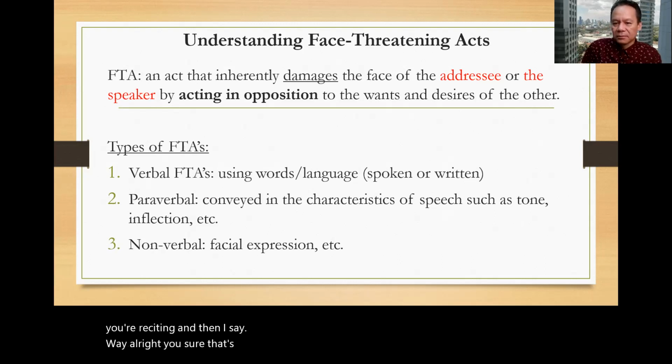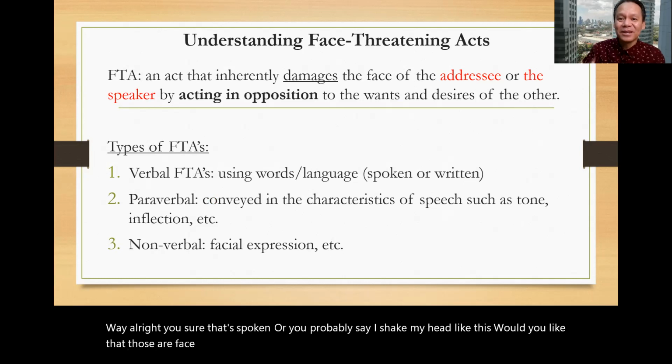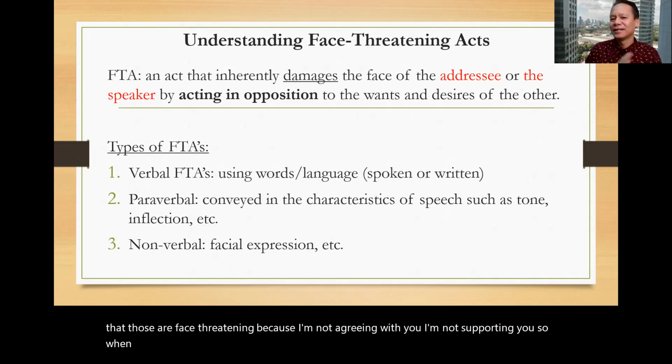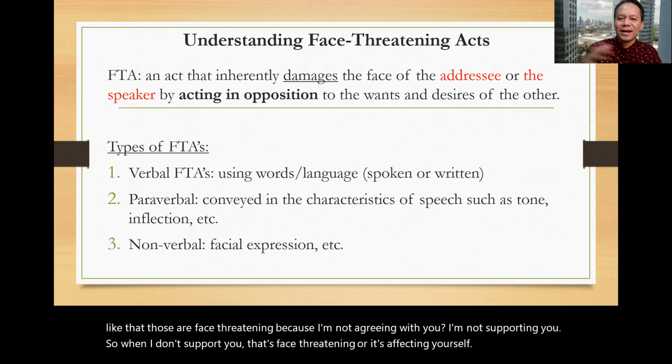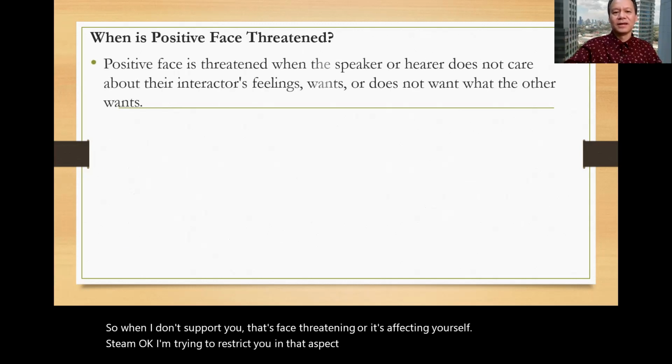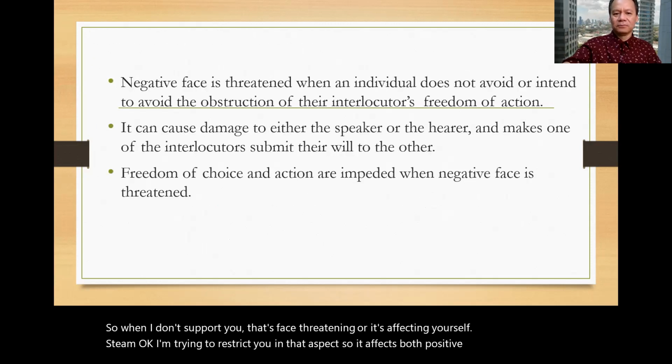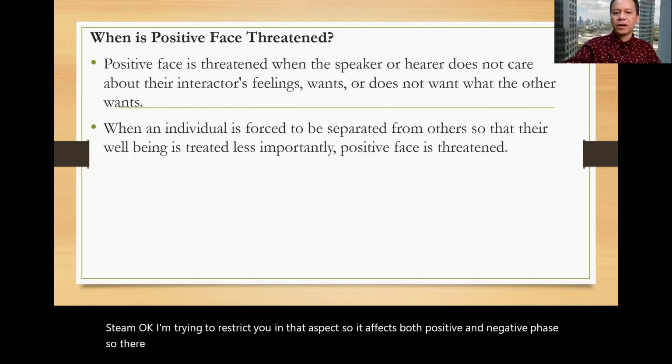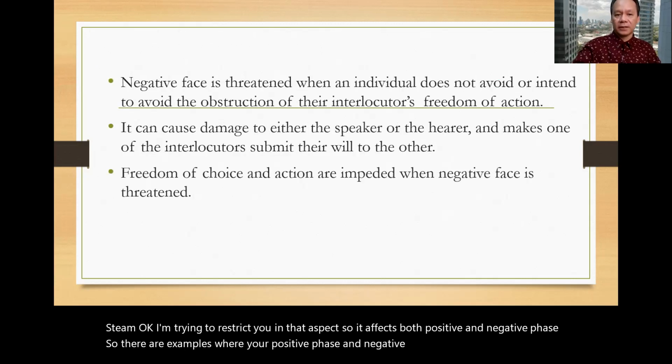Or if I shake my head like this. Would you like that? Those are face threatening because I'm not agreeing with you. I'm not supporting you. So when I don't support you, that's face threatening or it's affecting your self-esteem. Okay, I'm trying to restrict you in that aspect. So it affects both positive and negative face.